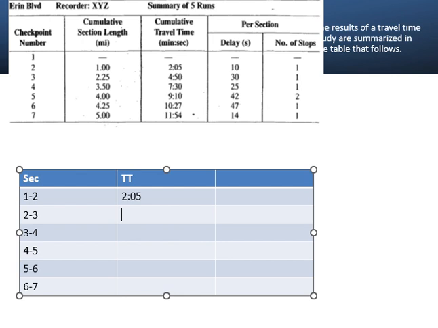So, now between 2 and 3, I have to take the difference, right? Because this is cumulative. I have to take the difference. So 4 minutes 50 seconds minus 2 minutes 5 seconds.